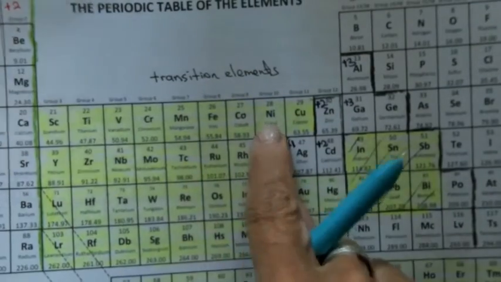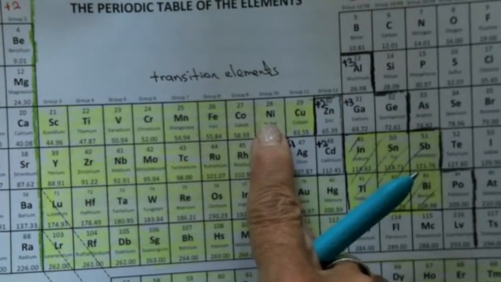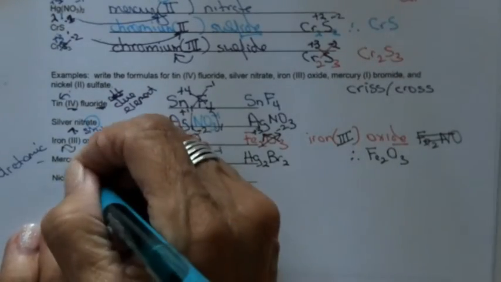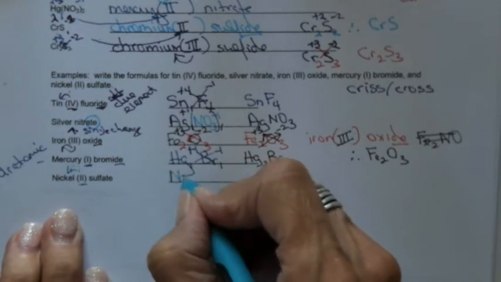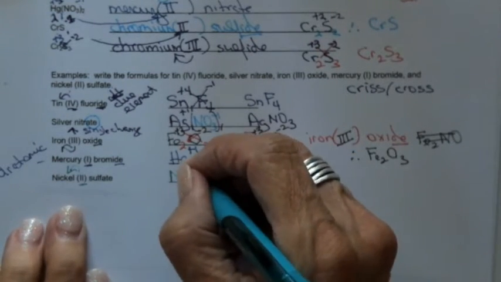Nickel II sulfate. Nickel is a transition metal, so I do not know its charge. They told me its charge, which is required in the name. Nickel is Ni, with a +2 charge. Sulfate is a polyatomic.